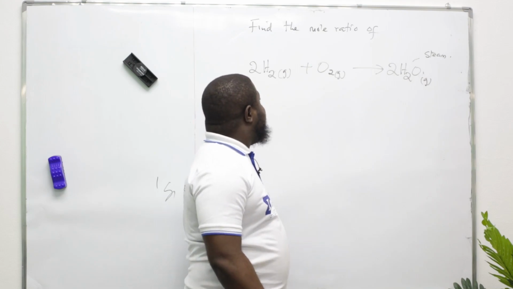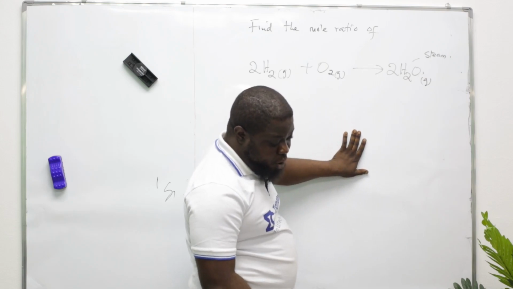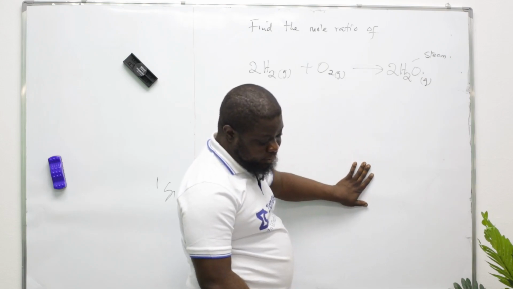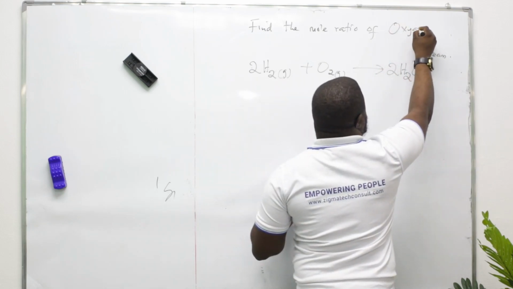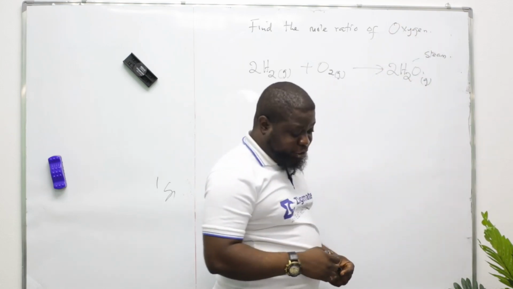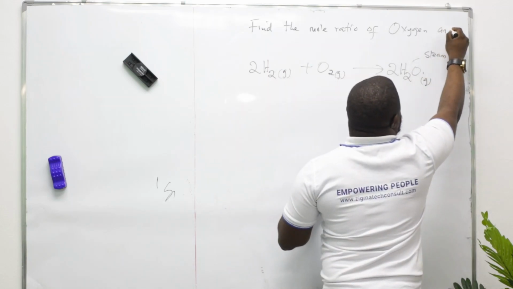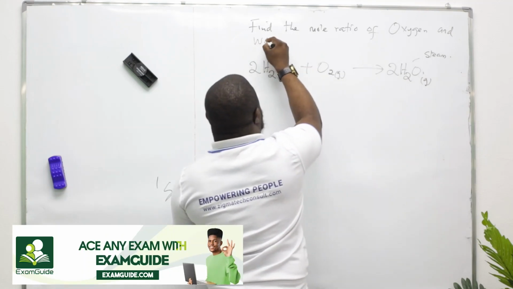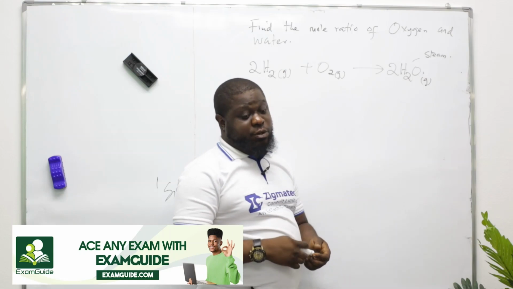Now, getting this ratio here, they say find the ratio of oxygen and water in this chemical reaction.